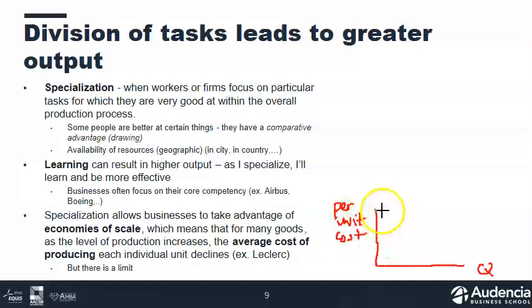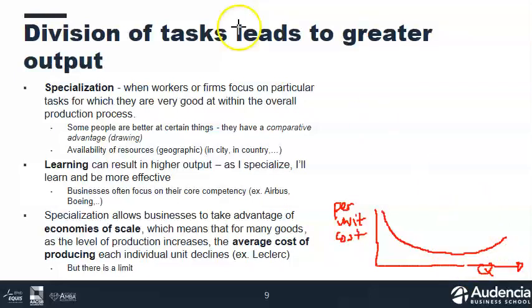Scale economies basically says that as I produce more and more and more, my cost per unit to produce will decrease. Now, there's a limit to this. We know that as we produce more, as we extend out a little bit more, we're probably going to see the cost per unit start to go back up.